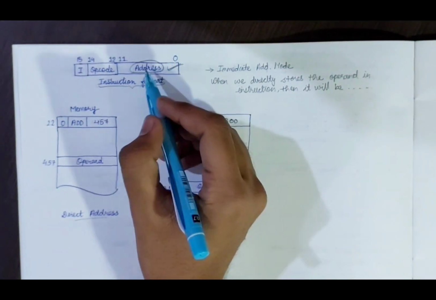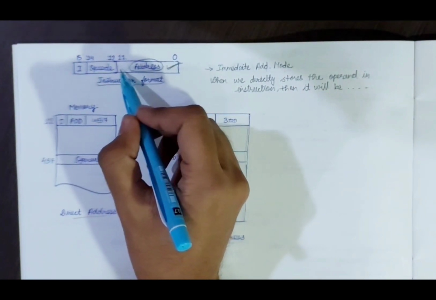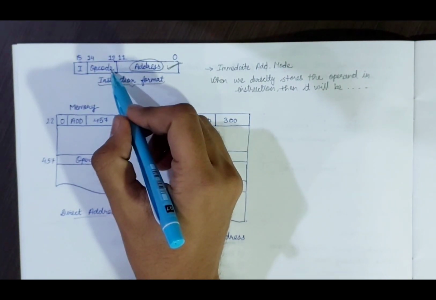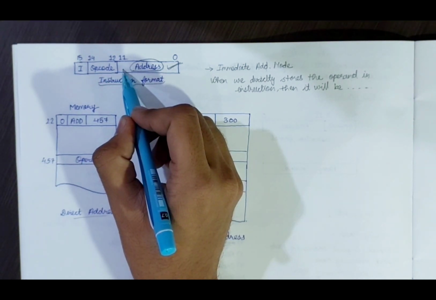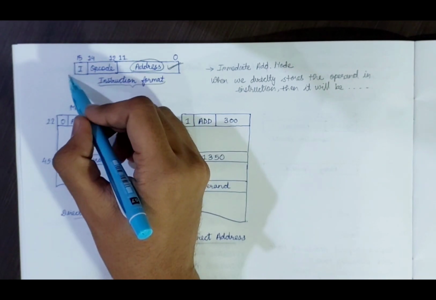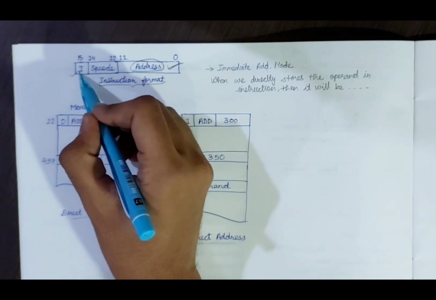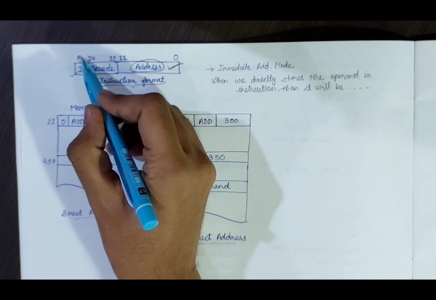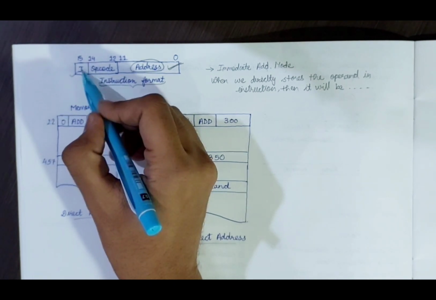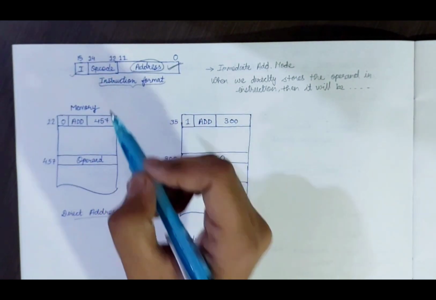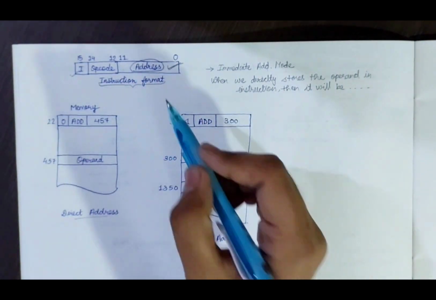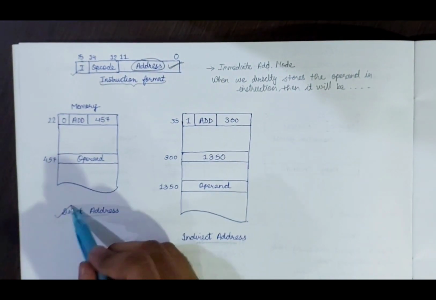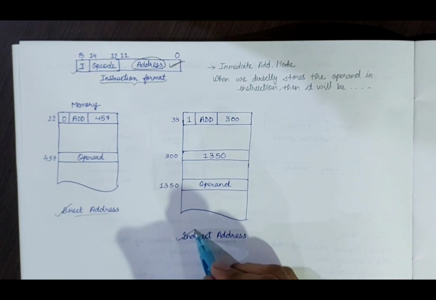Initially when we saw the instruction format, there were only 2 fields, that is the opcode and address. But now I have added one more field, that is the ith bit. I have made the 15th bit, the ith bit, represent the addressing mode, that is, whether this instruction is of direct addressing mode or indirect addressing mode.